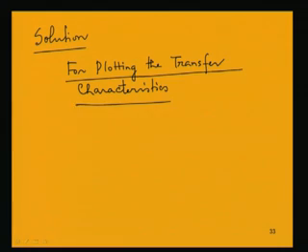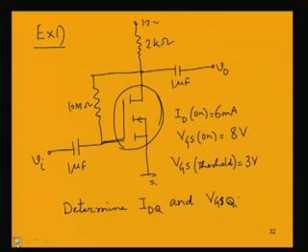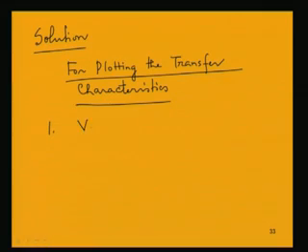At least 4 points, because it is not a straight line, so we cannot draw it with the help of 2 points. So, what are the 4 points? One point is immediately known from the threshold voltage. So, one point is VGS threshold, which is given to us as 3 volt.